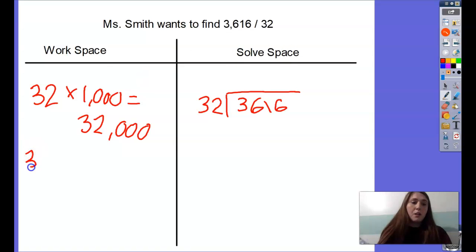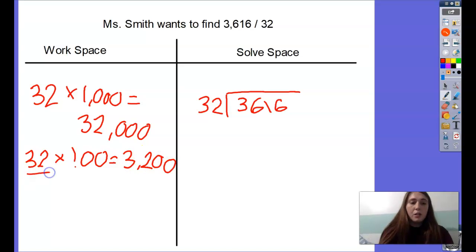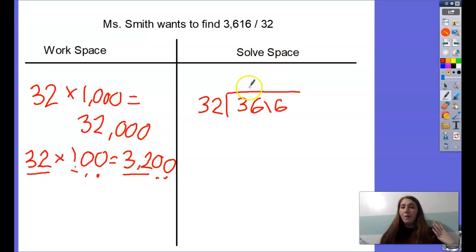So I'm going to do 32 times 100. 32 times 100 is 3,200. And I got that by doing the 32 times 1 and then annexing the 2 extra zeros. So, can I subtract 3,200 from 3,616?